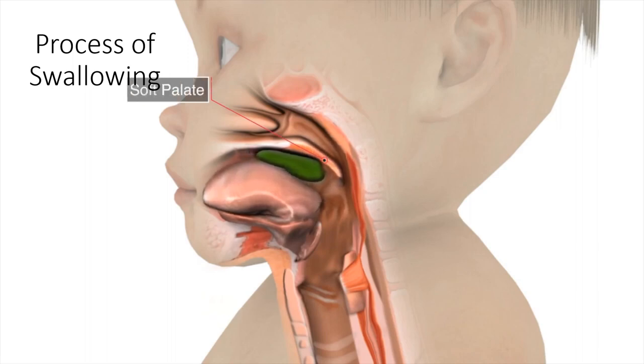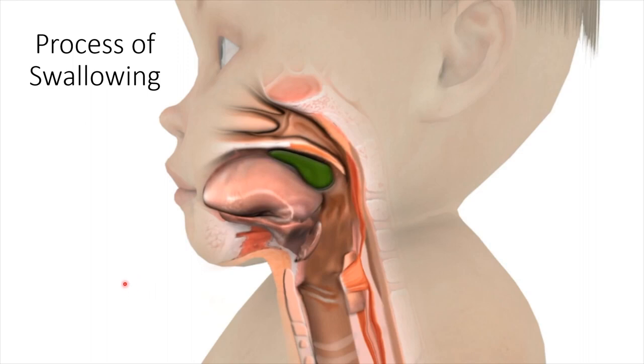Okay, and this also happens with the help of the styloglossus and the palatoglossus. We know by the name styloglossus, it is attached to the styloid, which is perhaps located here, styloid, and the tongue. Okay, so when it contracts, it will pull backward the root of the tongue. Okay, while the palatoglossus, we know it as the anterior pillar of the tonsil.